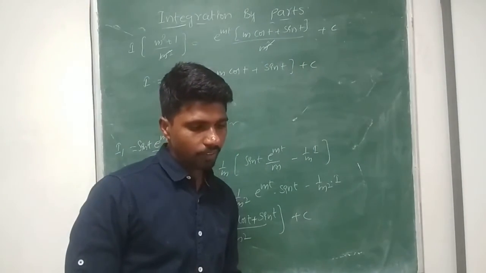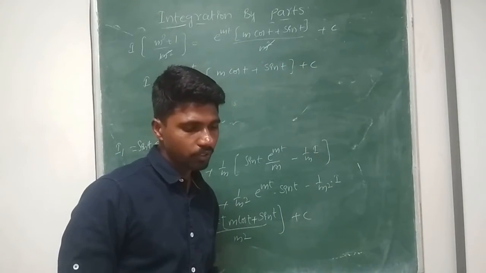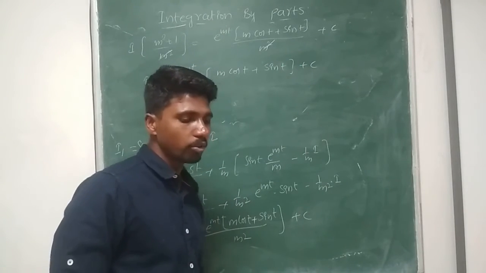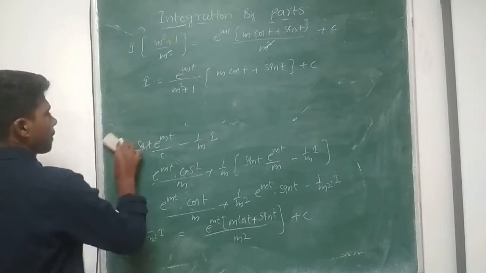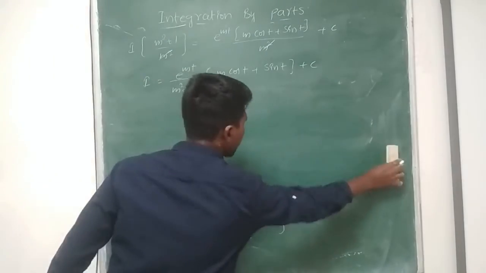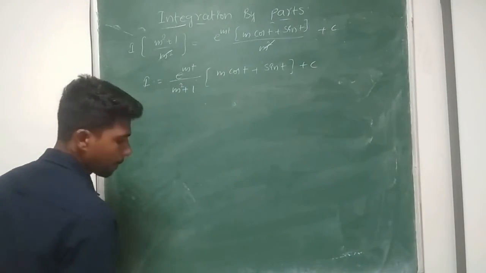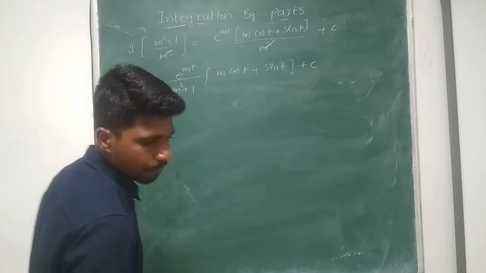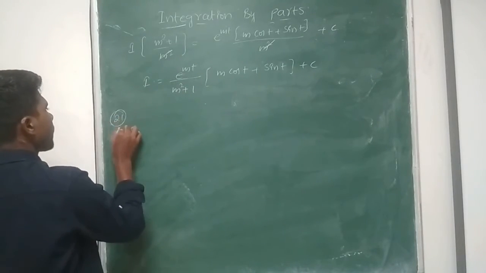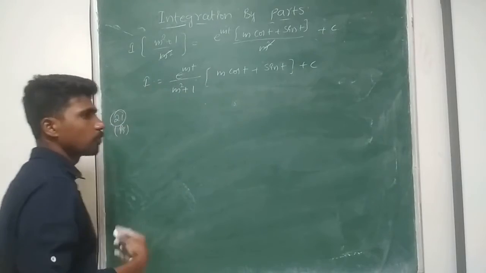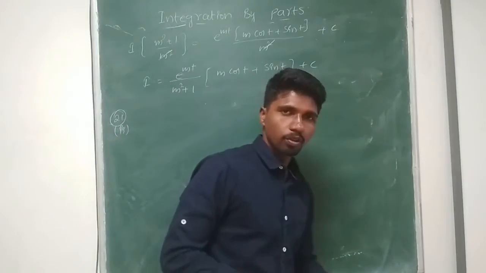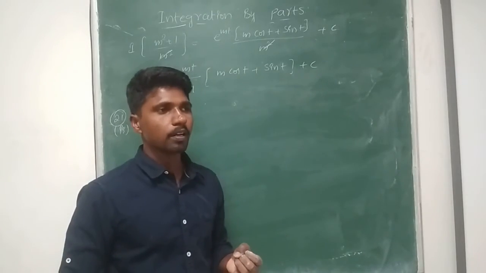Okay, after this we'll find one more thing, which is nothing but integral cosecant cube x. See this cosecant and secant. So we used this one.